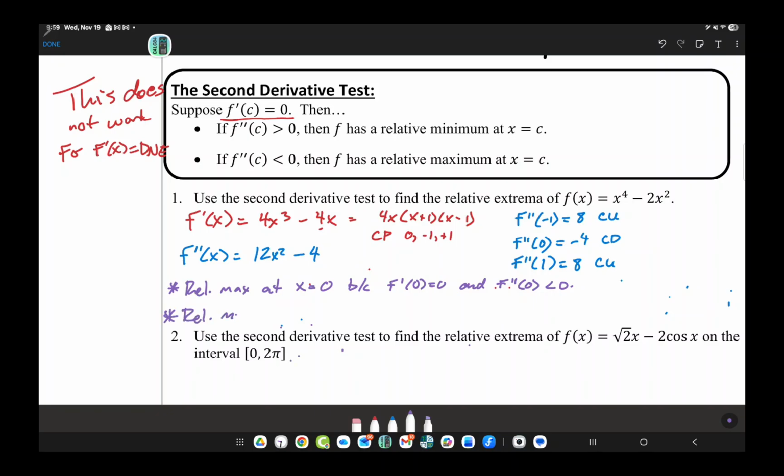Relative min at x equals plus or minus 1, because f prime of plus or minus 1 is equal to 0, and f double prime of plus or minus 1 is greater than 0.